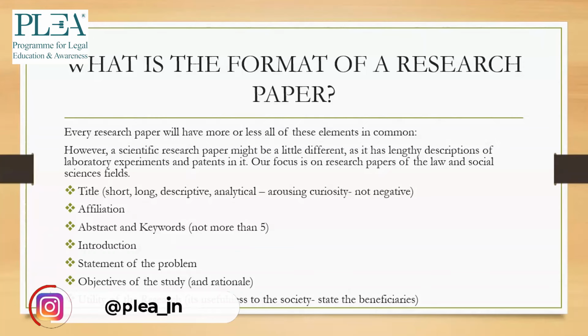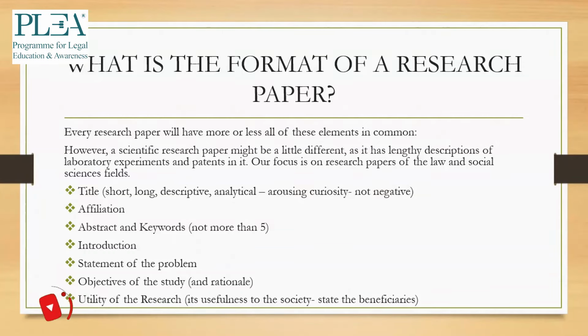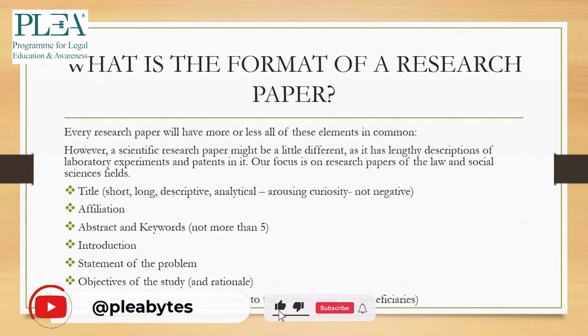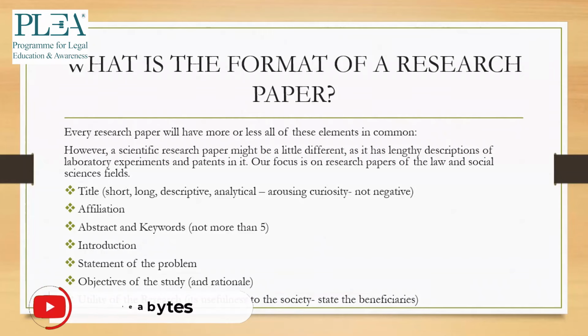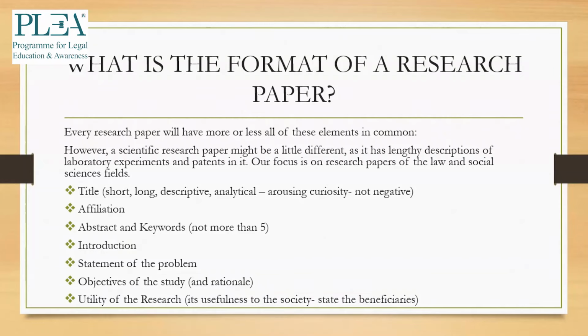However, a scientific research paper, like if you are focusing on pure science, for example, biology, pharmacy, chemistry, physics, engineering. So, if you want to write a research paper which falls in one of these disciplines, it might be a little different as it has lengthy descriptions of laboratory experiments and patents in it.